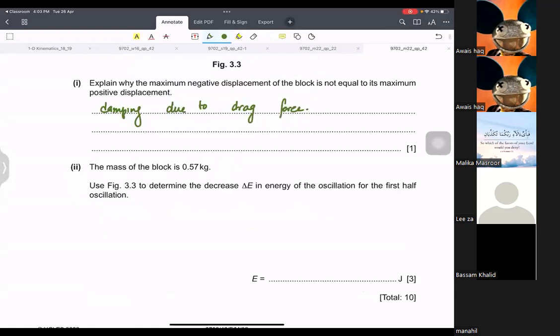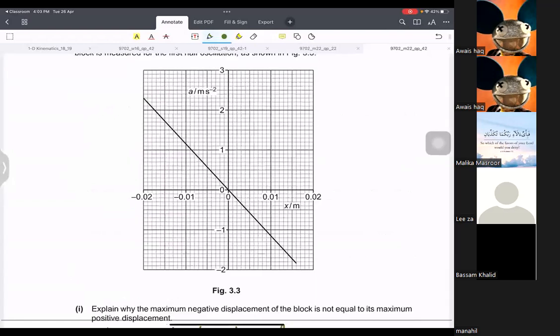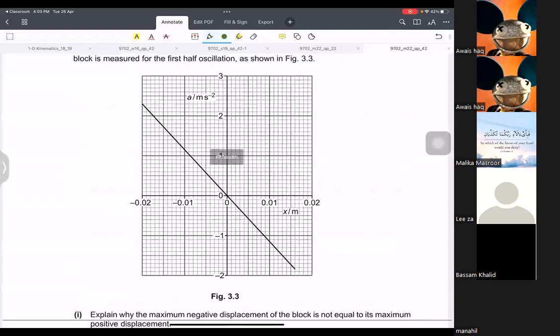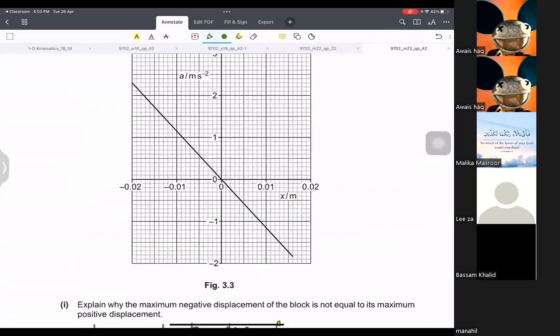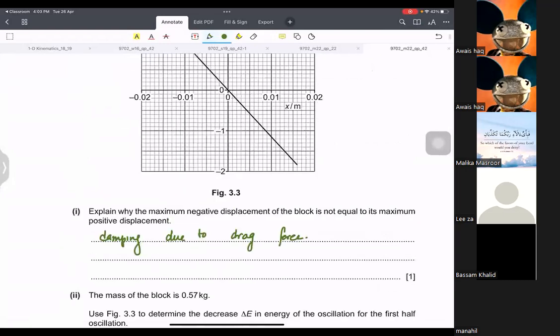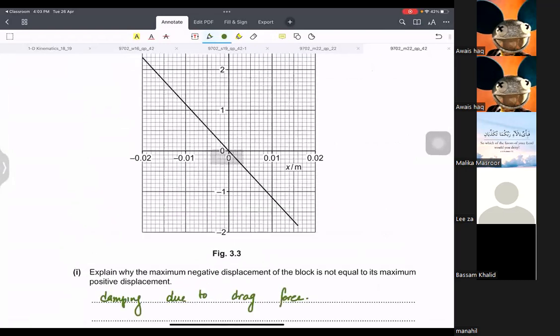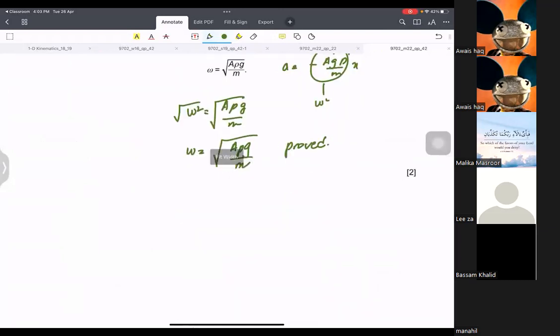After that it says determine the decrease in energy of the oscillation for the first half. What? For the first half. What is this? Okay, we can do this. Not big deal. First of all, our formula above, I don't think it's used anywhere except for Aρg over m, but that's not given.